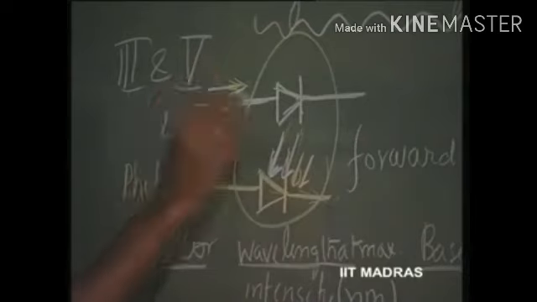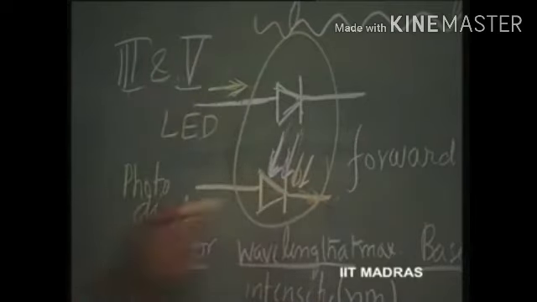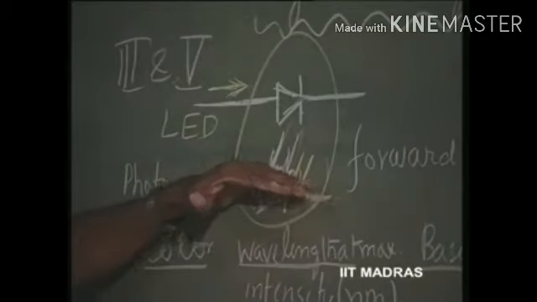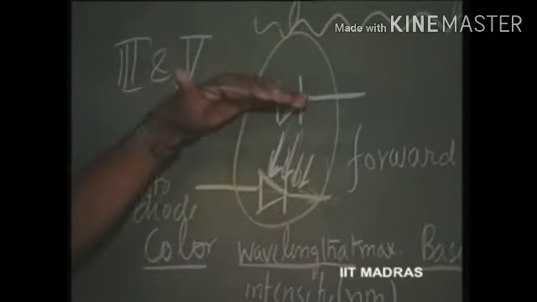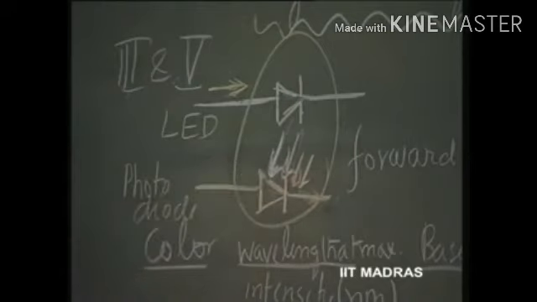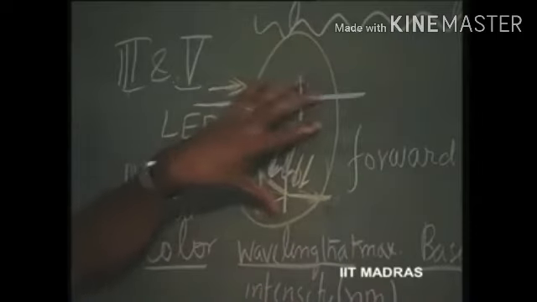So, in turn we have generated a current dependent upon this current, and these two are perfectly isolated. So, this can be in one circuit and this can be in another circuit. This can be in, let us say, high voltage circuit, this can be in the low voltage circuit, which is measurement circuit. So, this is an isolator, this is an opto isolator.